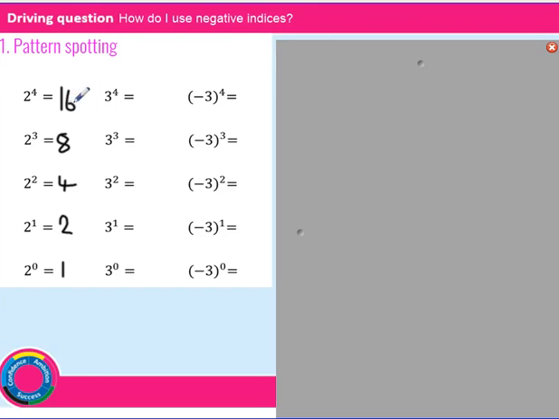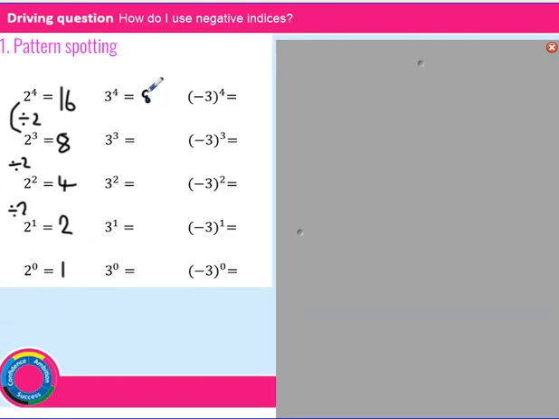What's happening each time is we're dividing by 2. 16 divided by 2 is 8, divided by 2 is 4, divided by 2 is 2, divided by 2 is 1. 2 to the power of 0 is 1.